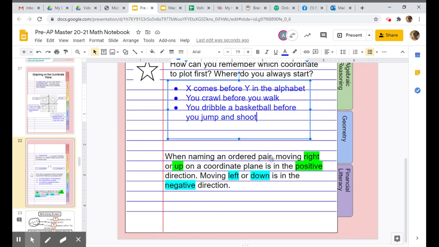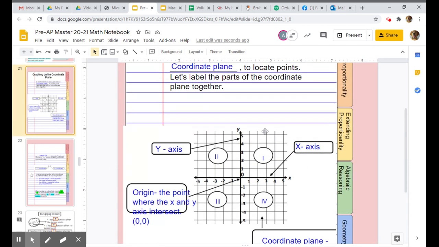When you are naming an ordered pair, moving right or moving up on the coordinate plane is moving in the positive direction, and moving left or moving down is in the negative direction. So if you look here, there's all the numbers here. So to the right and up is all the positive numbers. To the left and down is all of the negative numbers.